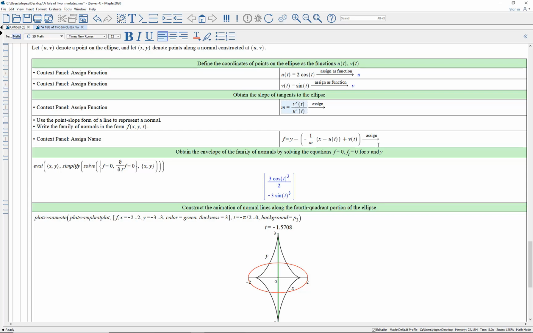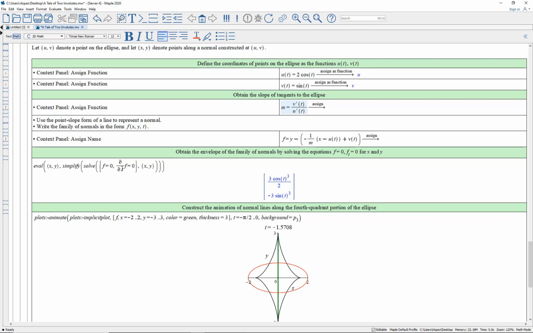Now, how do you get the envelope of this family of normal lines? You simultaneously solve these 2 equations. F equals 0, the derivative of f with respect to the parameter, and the parameter is t, equals 0. So, here are the 2 equations.